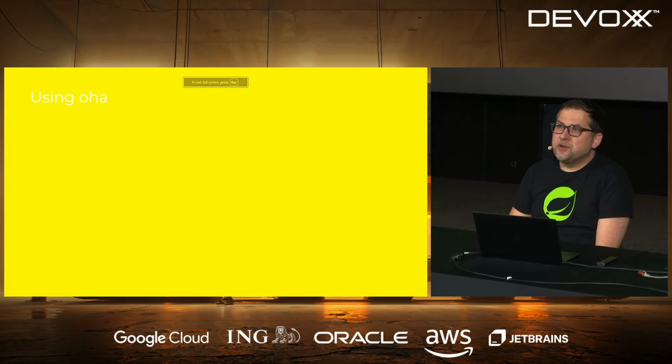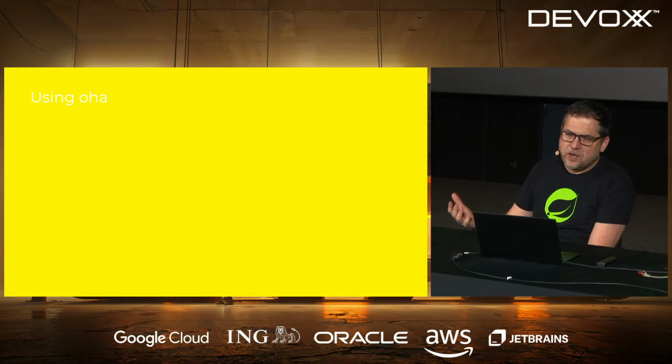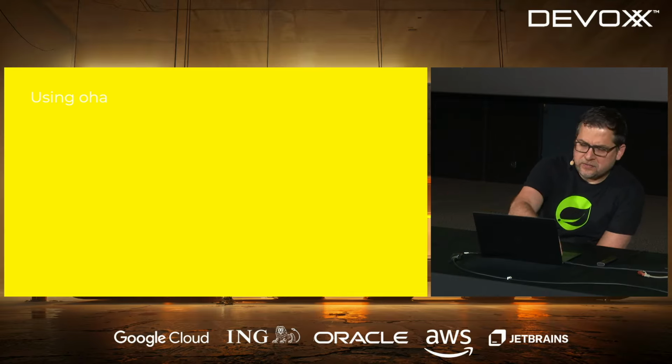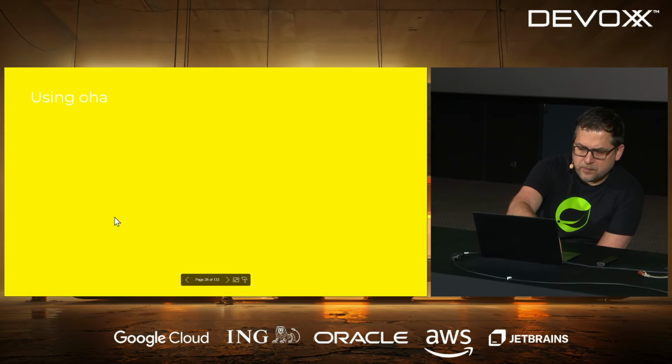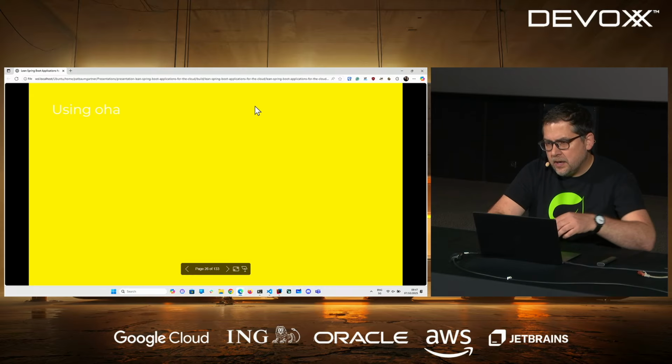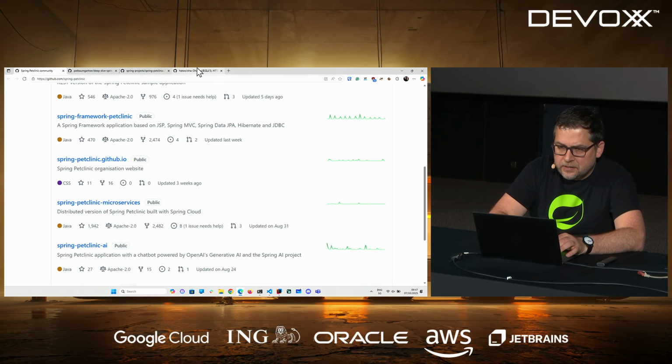Now, if we are doing the benchmarking, you will see I do some steps. I use a load generator, which is quite nice, called OHA, and they also have a very nice GitHub repo. I wanted to show you the animation here.